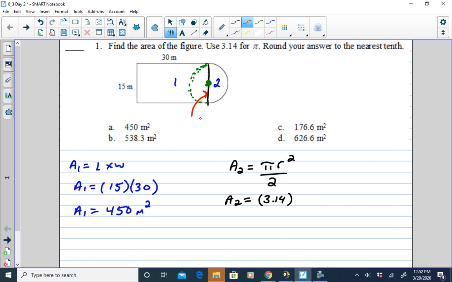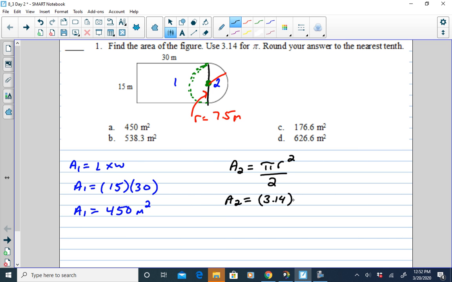Well, it means then that our radius is going to be half of 15, which is going to be 7.5 meters, right? We need the radius to find the area of a circle, and the radius is going to be the distance from the center to the edge, right? So our radius is going to be half of that 15, right? Because the diameter of the circle would be 15. The radius is going to be half of that 15, so 7.5.